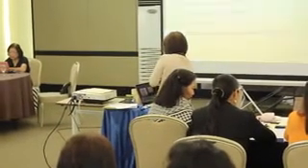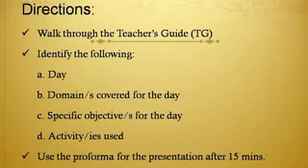So we will have an activity. Our activity is to walk through. Each of the regions was given a Manila paper and a lesson plan. You walk through the teacher's guide and identify the following. The day, whether it's day 1, day 2, because it's a week-long lesson.